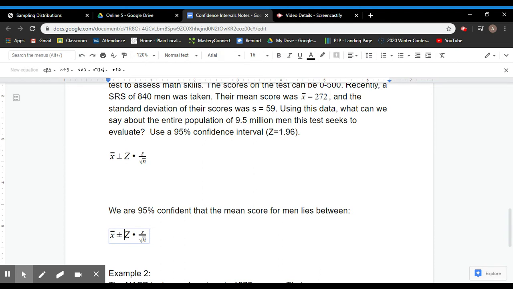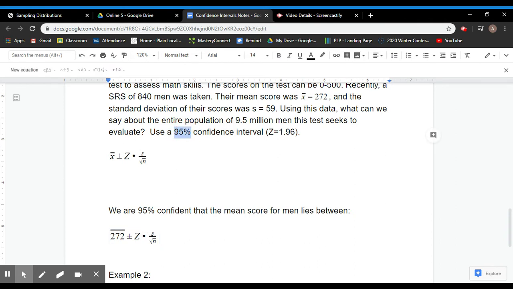The mean of the sample was x bar equals 272, so in my x bar spot, I'm going to replace it with 272. The next thing I need to replace is z. We're using a 95% confidence interval.